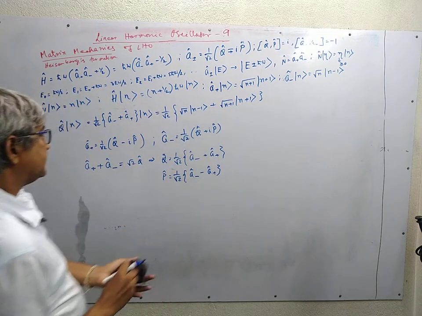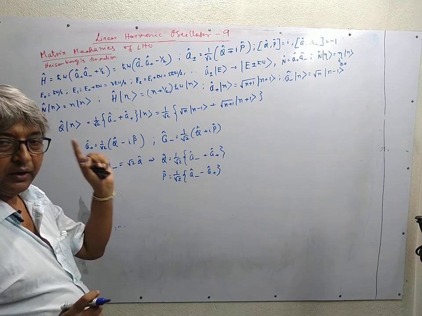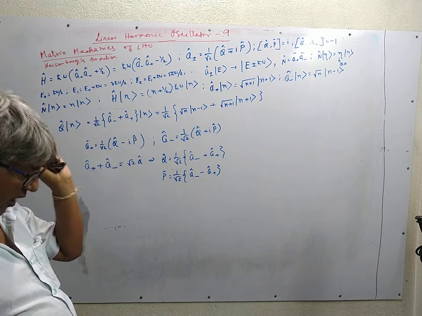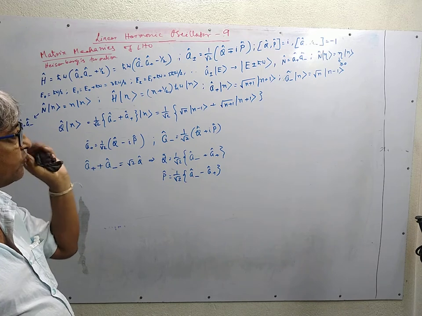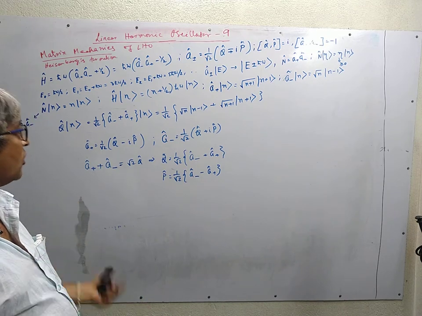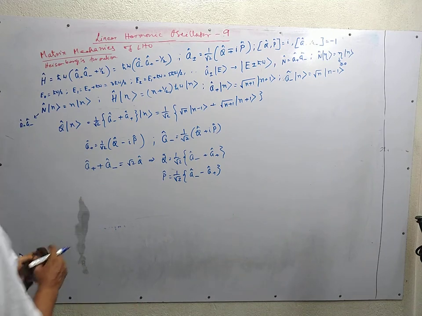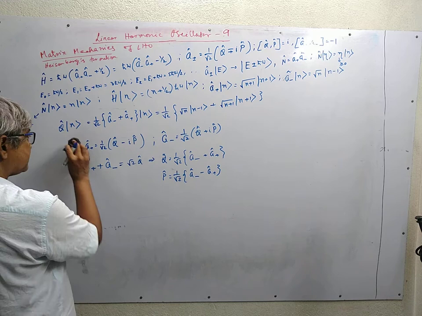This recurrence relation we have arrived at from the property of the Hermite polynomial. Here we have not yet spoken about Hermite polynomials. Still we have arrived at the same result.